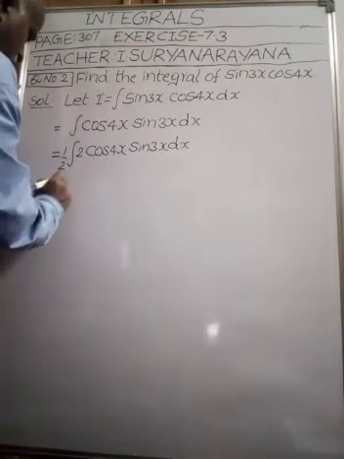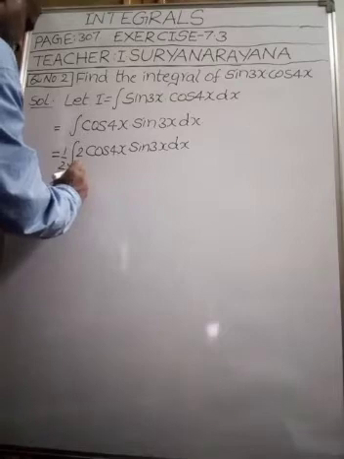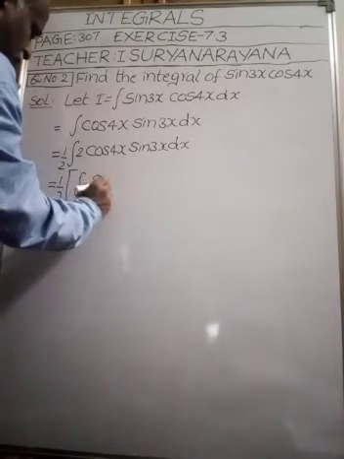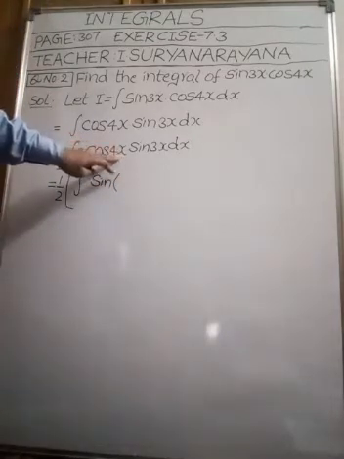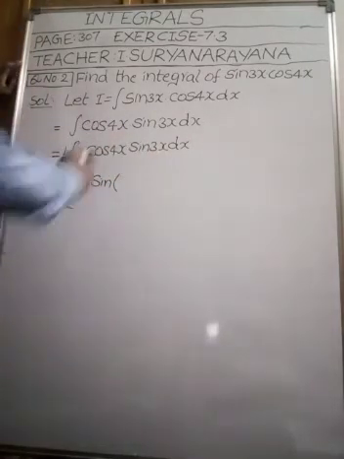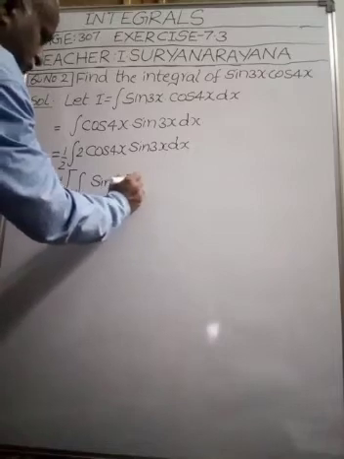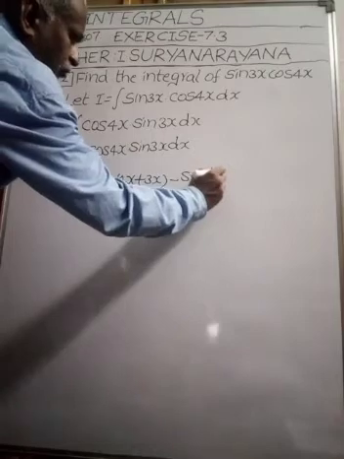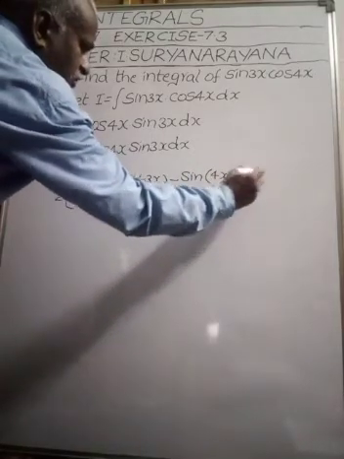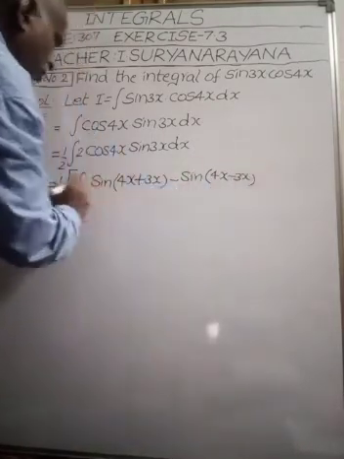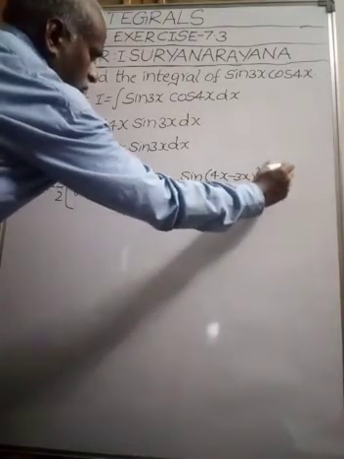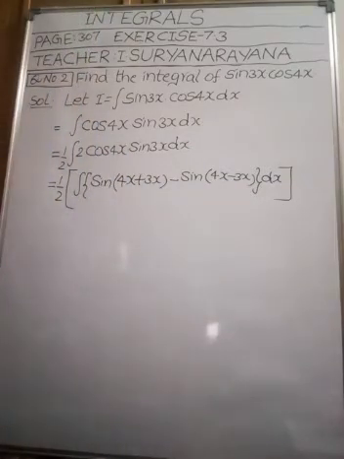Okay, my children? Right. 1 by 2 into integral sin of, where A is equal to 4x, B is equal to 3x, so sin of 4x plus 3x minus sin of 4x minus 3x, whole dx. Okay, my children? Understood?